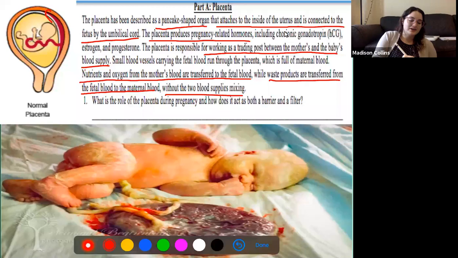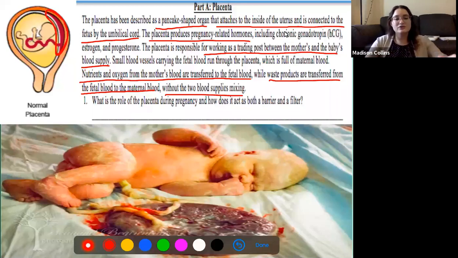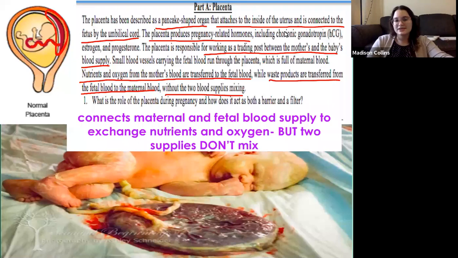Again, that placenta is attached or anchored to the side of the uterus, and the umbilical cord is attached to that. This is what allows the maternal and fetal blood supplies to exchange nutrients and oxygen. It connects the 2 blood supplies. But it's also very important because it doesn't allow those blood supplies to mix. This is important because the mother and the baby don't always have the same blood type, so we don't want those blood supplies to mix.